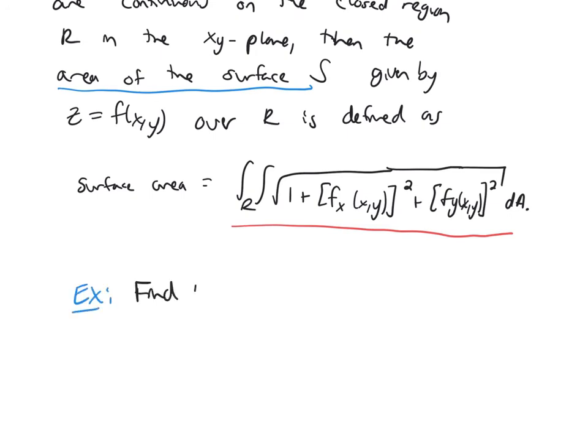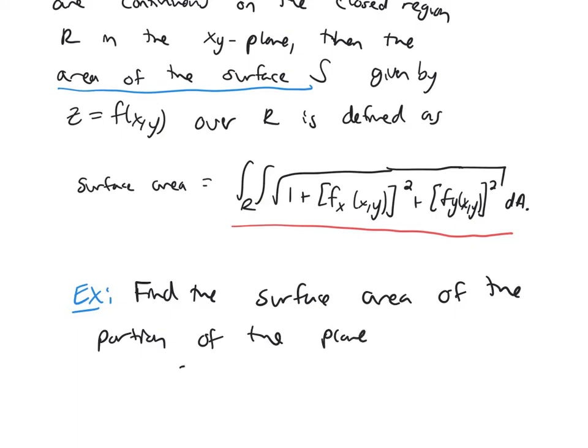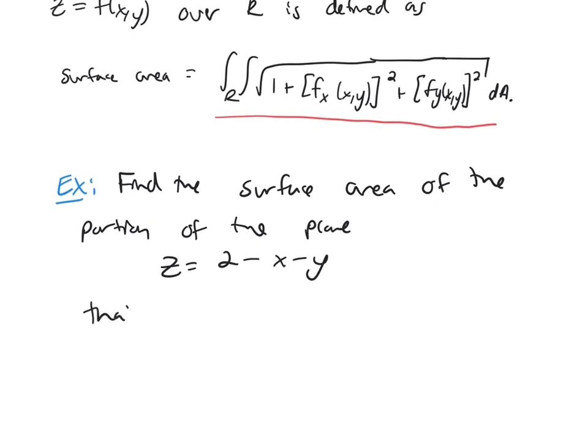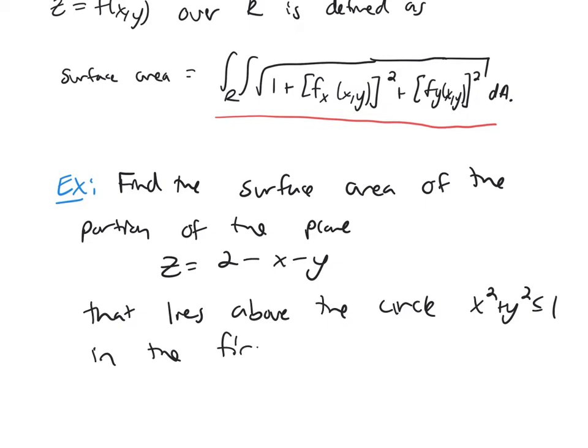Find the surface area of the portion of the plane z equals 2 minus x minus y that lies above the circle x squared plus y squared is less than or equal to 1 in the first quadrant.